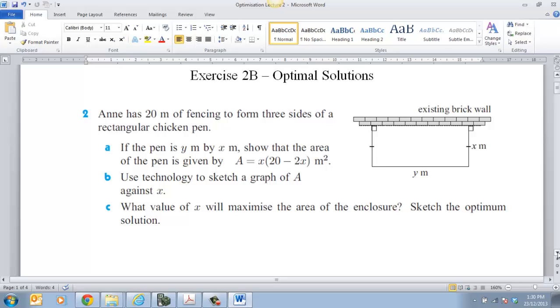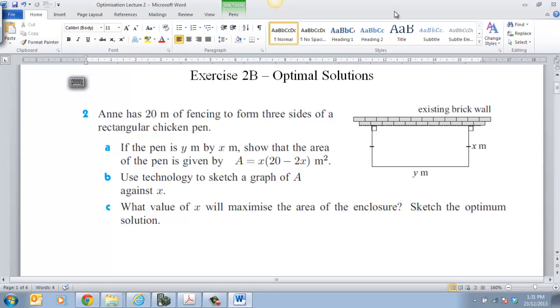So Annie has 20 metres of fencing to form 3 sides of a rectangular chicken pen. So you can see the example of the brick wall over here, and we've labelled those already for x and y for you. So if y is an x as shown in the area, show that the area of the pen is given by this.